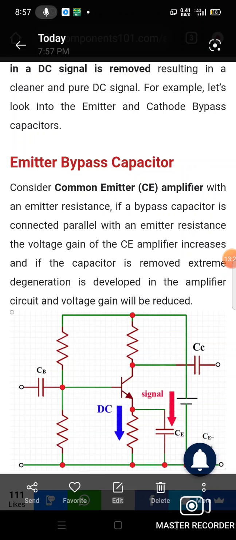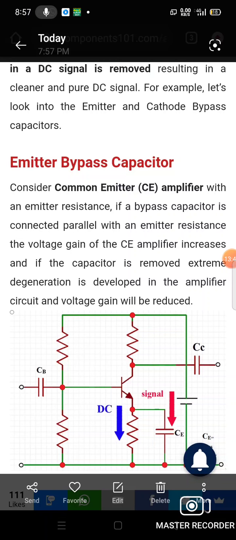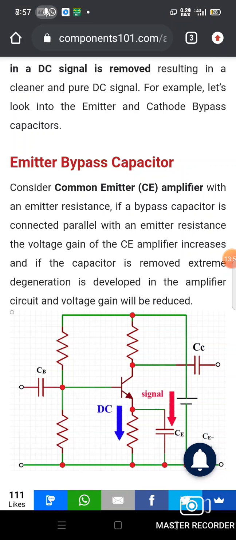If you remove the emitter bypass capacitor, then for DC the capacitor acts as an open circuit, while AC signals are bypassed. With the capacitor, you get improved gain, but it acts as an open circuit for DC. That DC voltage is across the resistor RE, and some amount of voltage is dropped there, right?